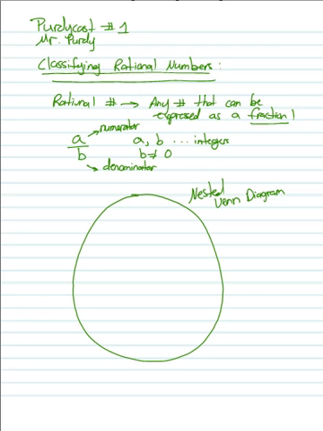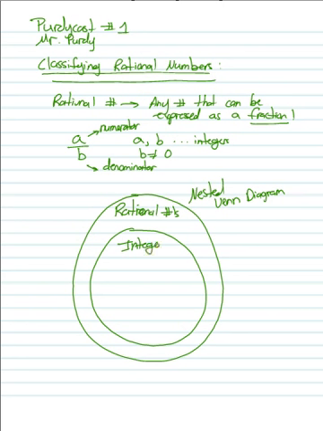So I've drawn this large circle to represent the whole set of rational numbers. Now, within that set of rational numbers are two sets of numbers: the set of integers and the set of whole numbers.